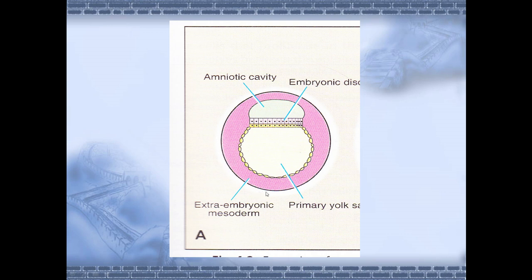Here is the trophoblast, and you can see this extraembryonic mesoderm is everywhere. This extraembryonic mesoderm separates the amniotic cavity from the trophoblast. Yes, this is a very simple diagram taken from your books which you are studying for embryology.